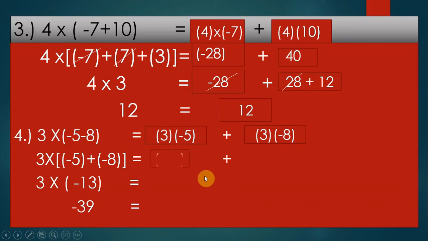Now, 3 times negative 5 is negative 15, and 3 times negative 8 is negative 24. So they are both negative. A withdrawal of 15 and a withdrawal of 24 yields a withdrawal of 39, or negative 39. So see, they are the same. The left and the right have the same answer.